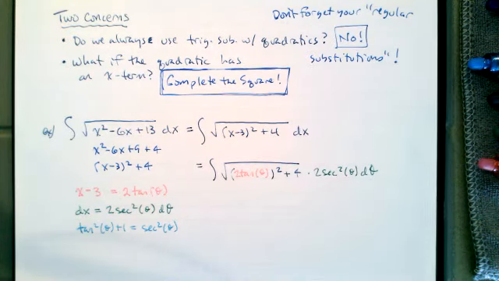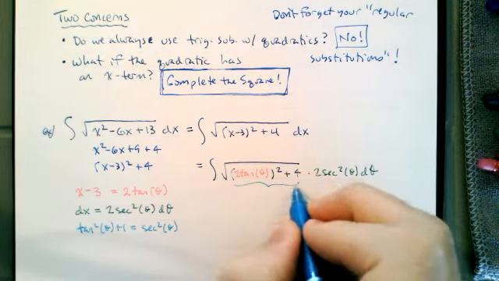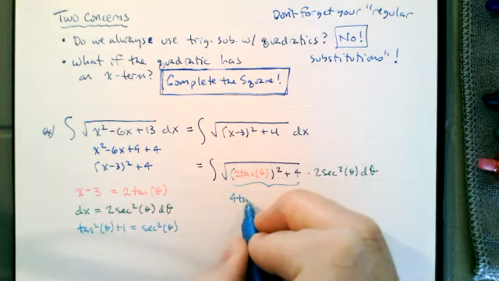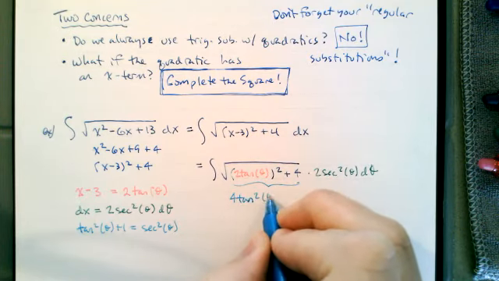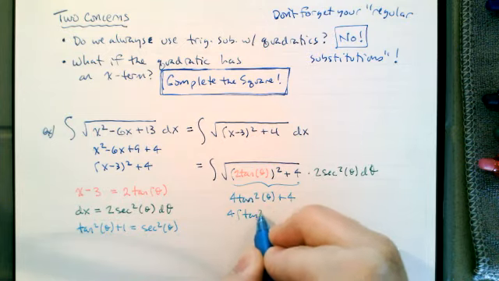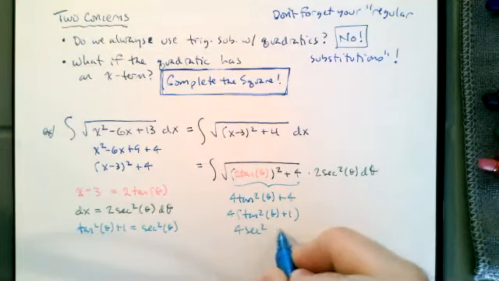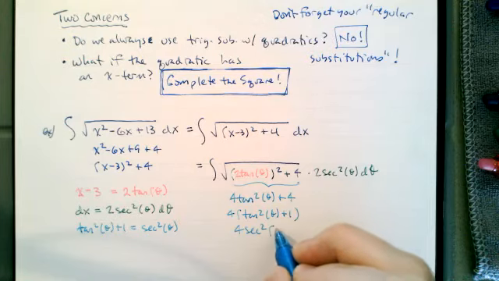Two tangent squared theta plus 4 becomes 4 secant squared theta. And then we just have, oh, sorry, odd powers of secants.